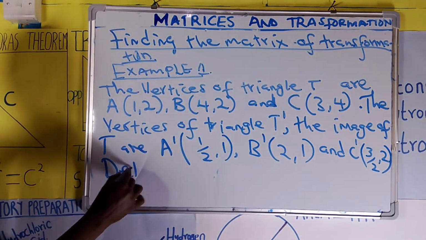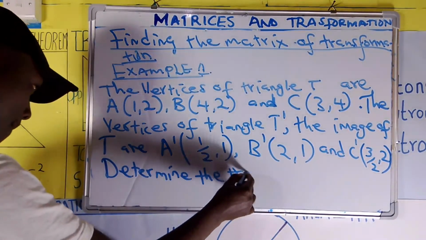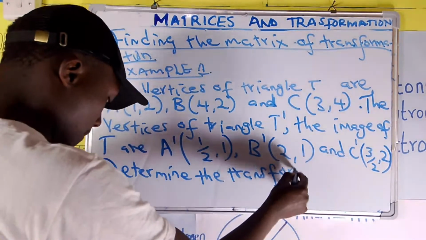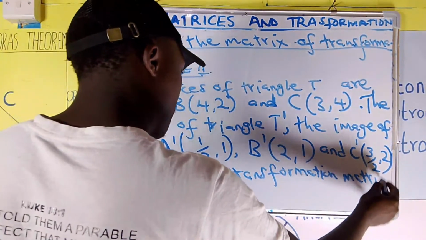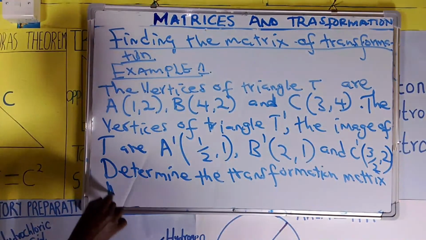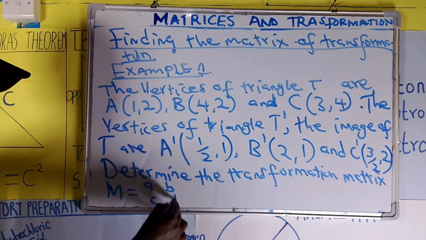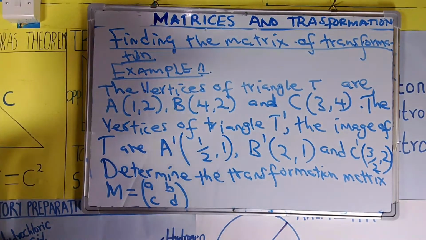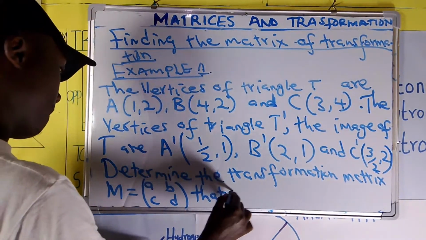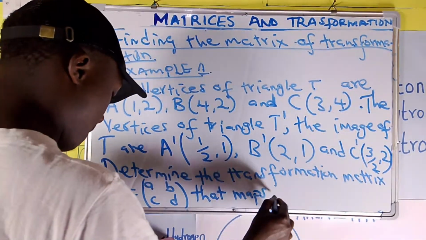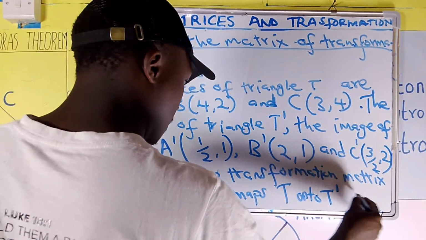Determine the transformation matrix M equals A, B, C, D, that maps T onto T prime.